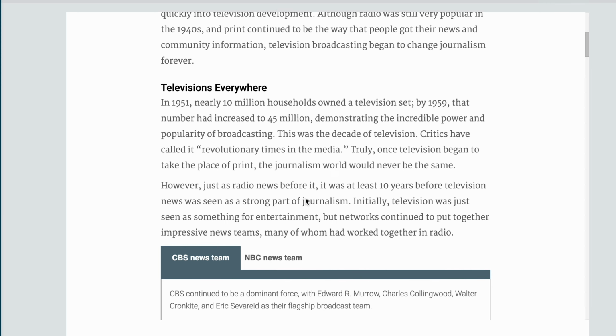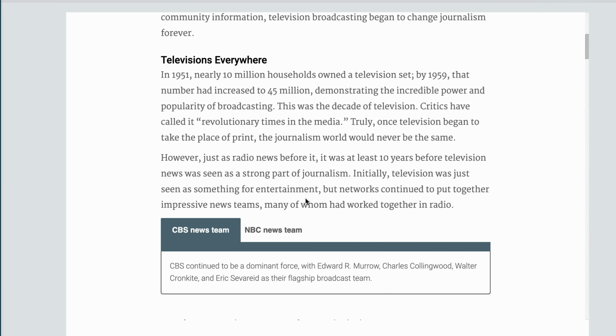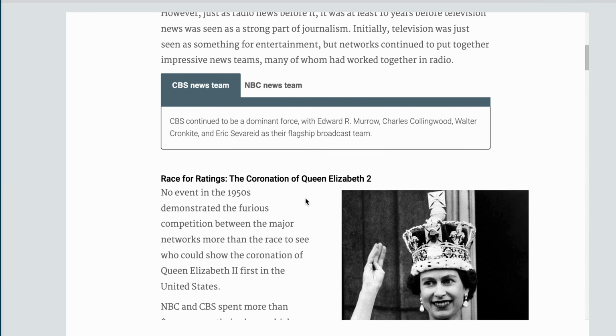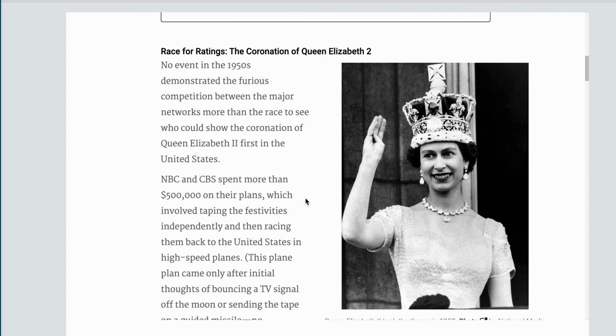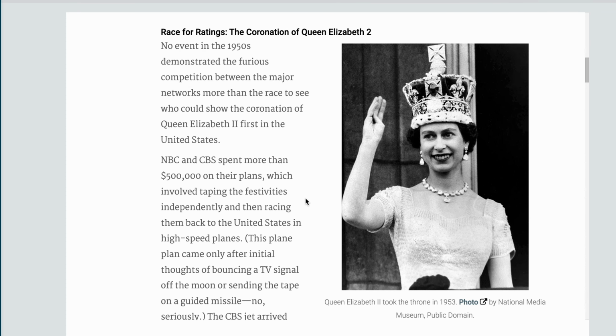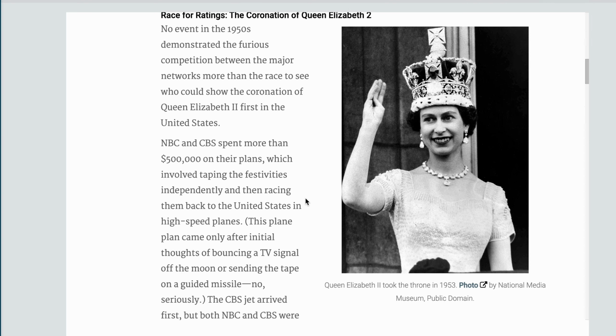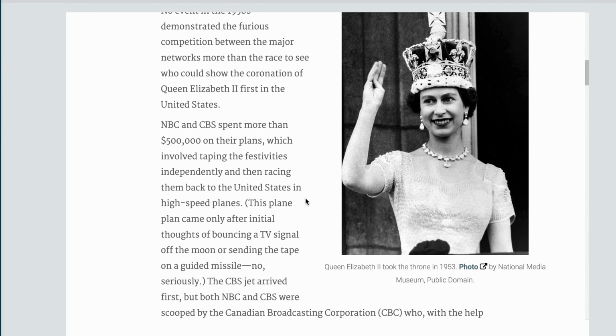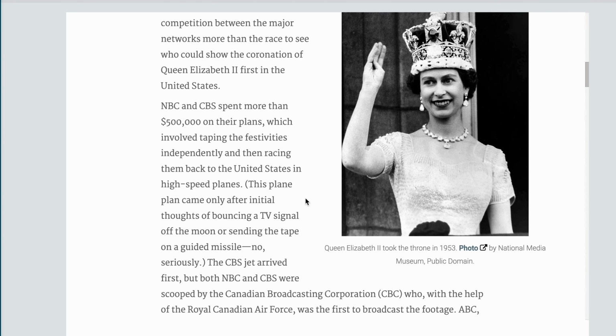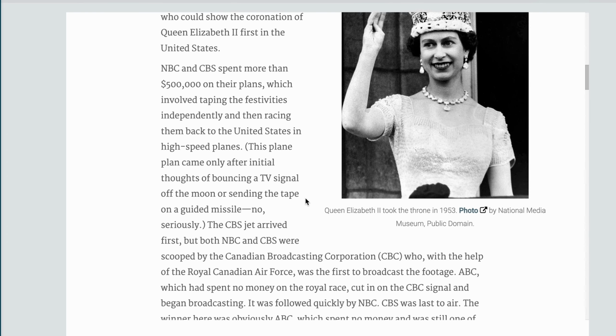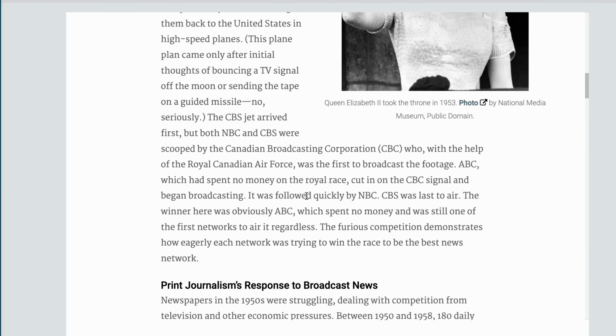People gathered in order to watch what was happening all around the world, and for the first time, the coronation of Queen Elizabeth was shown to places that were never able to see those kinds of events.